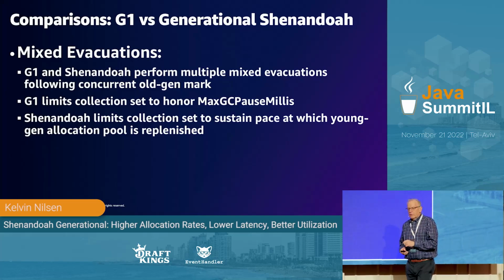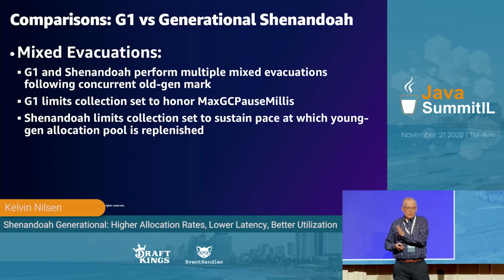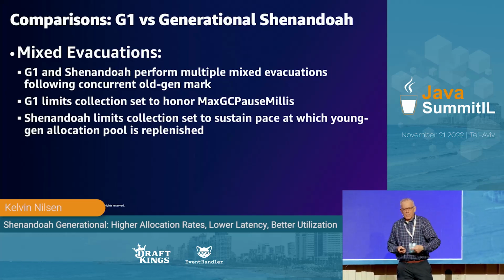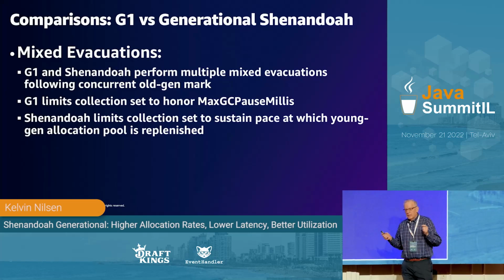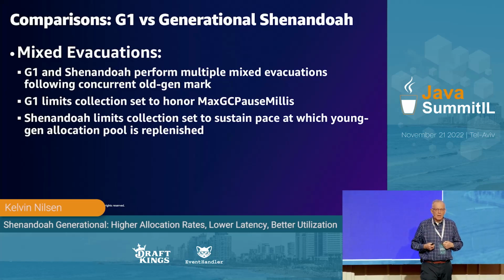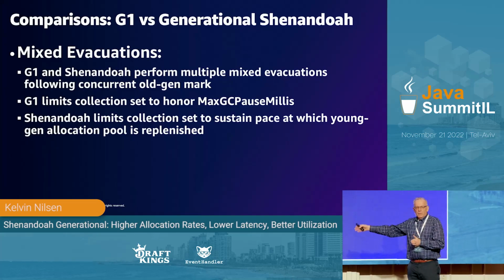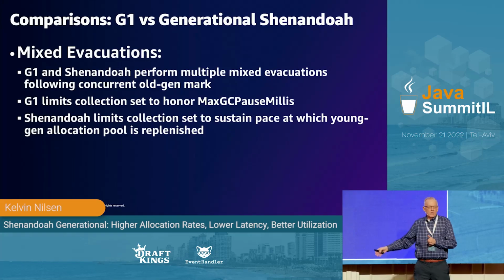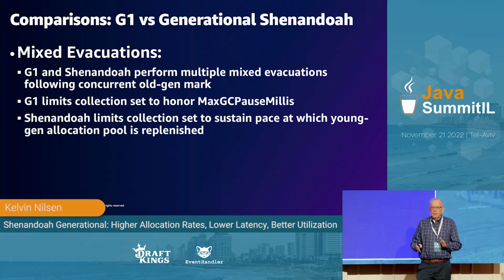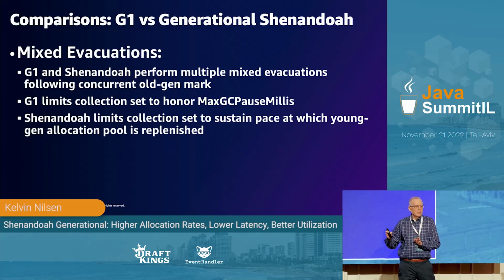The young gen collector has to run maybe every quarter second in order to replenish the allocation pool for the service that says I have an insatiable demand for memory. If we try to do all of the old gen evacuation in a single mixed evacuation, that would cause the young gen to take too long, and we would exhaust our free pool.